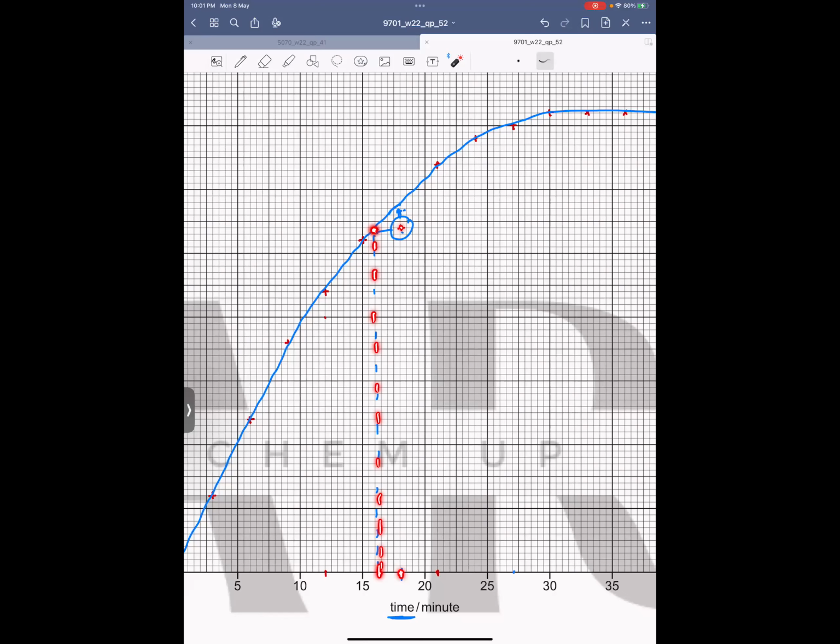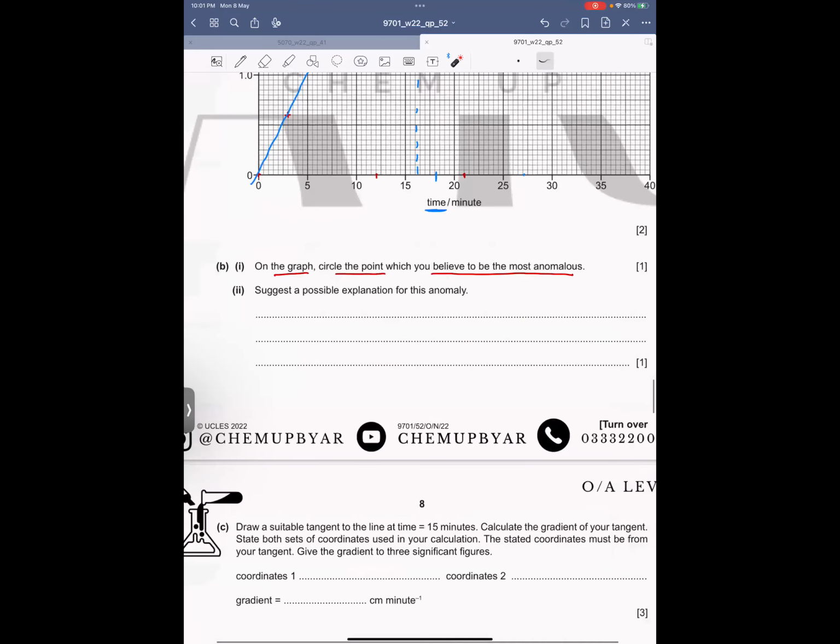We have mentioned that this spot is at the 18th minute, but the graph is showing us that it must be at the 16th minute, right? So the actual time is less than the one we recorded, right?